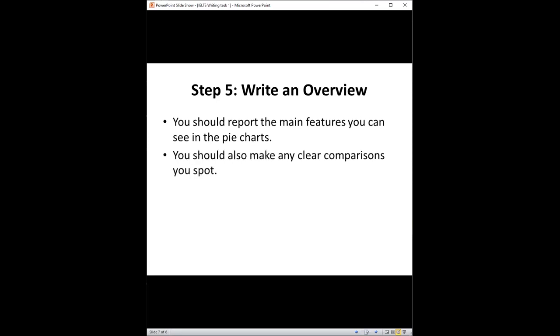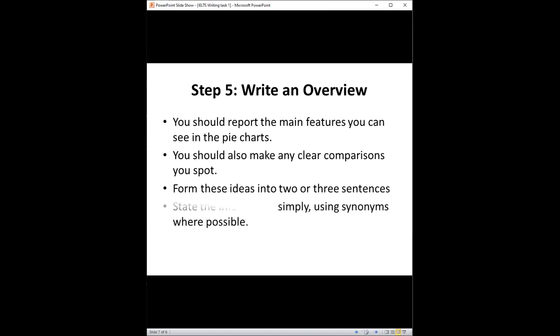After that, form this idea into 2 or 3 sentences with a total of around 40 words. State the information simply using synonyms where possible. No elaborate vocabulary or grammar structures are required. Just appropriate words and correct verb tense.